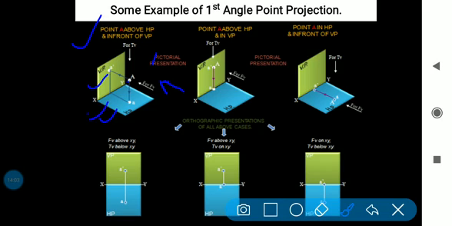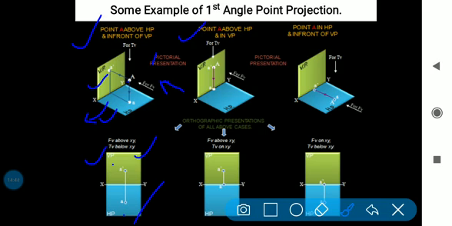After rotating the horizontal plane, we get the vertical plane above the reference line and the horizontal plane below the reference line. So A is the top view and A dash is the front view. Always use A for the top view and A dash for the front view.